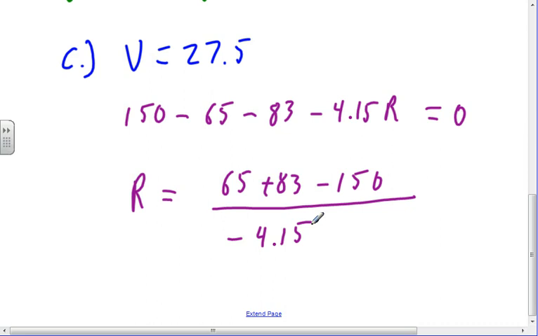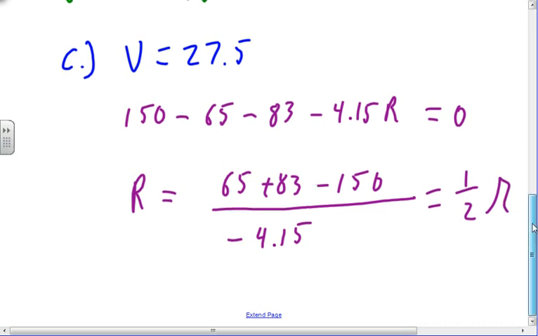What's going on? There, finally. 65 plus 83 minus 150 equals, divided by 4.15, and I'm going to get a half ohm. 1/2 ohm. Right, that's my answer to B. So B, R is equal to 1/2 ohm.